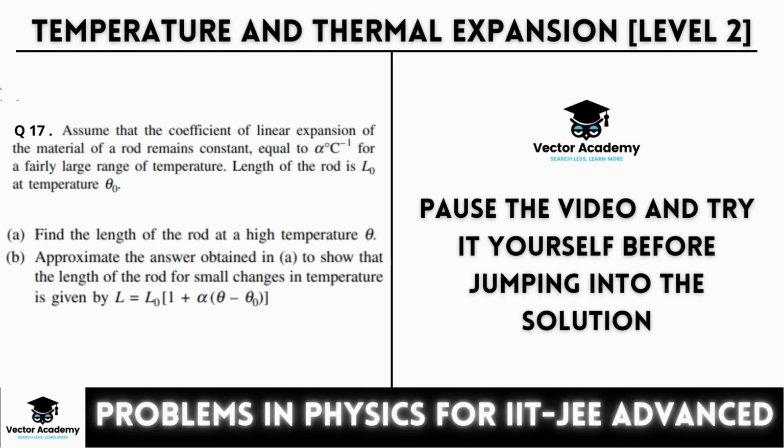A. Find the length of the rod at a high temperature theta. B. Approximate the answer obtained in A to show that the length of the rod for small changes in temperature is given by L equals L0 multiplied by 1 plus alpha into theta minus theta 0.